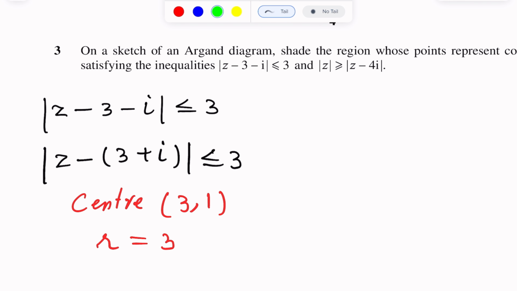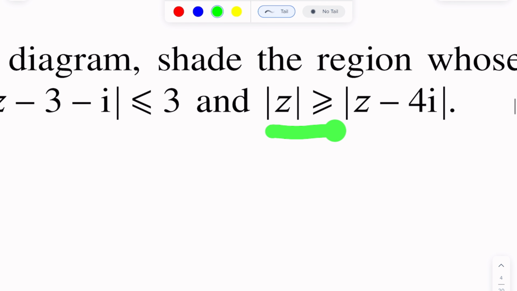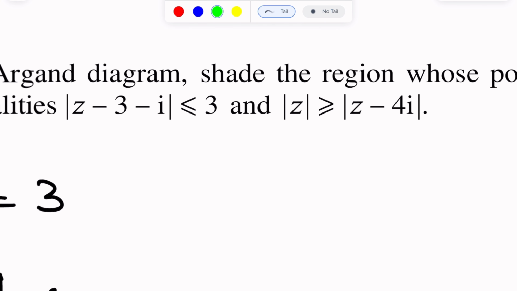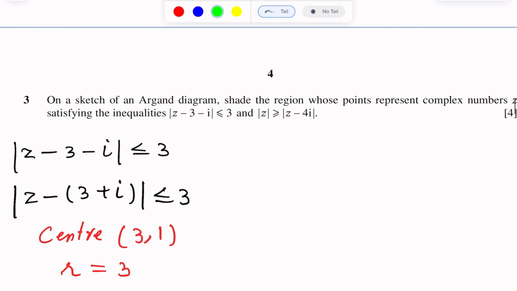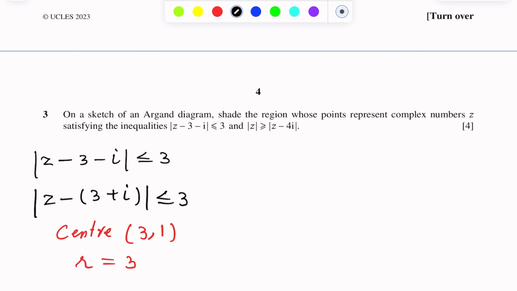Now for the second inequality, first we will write it in the same format: |z| ≥ |z - 4i|.